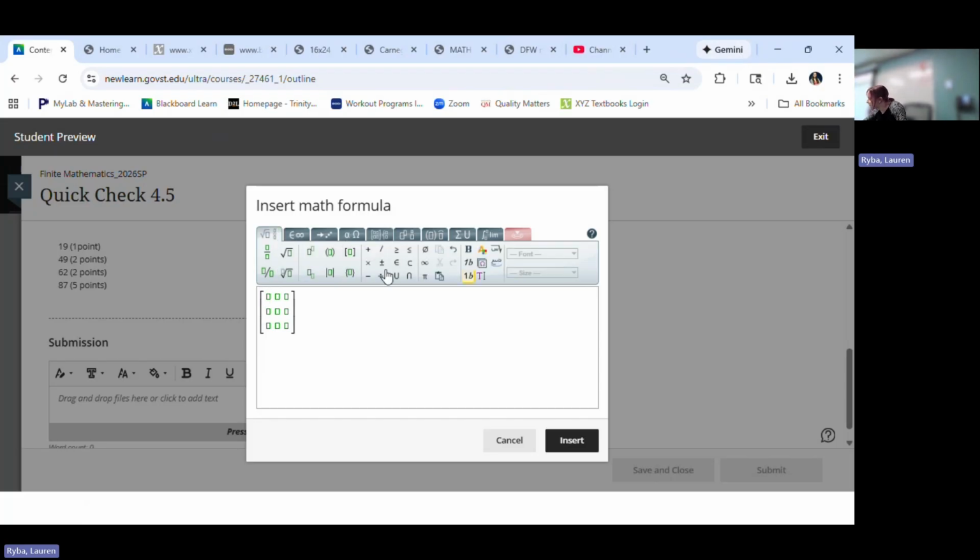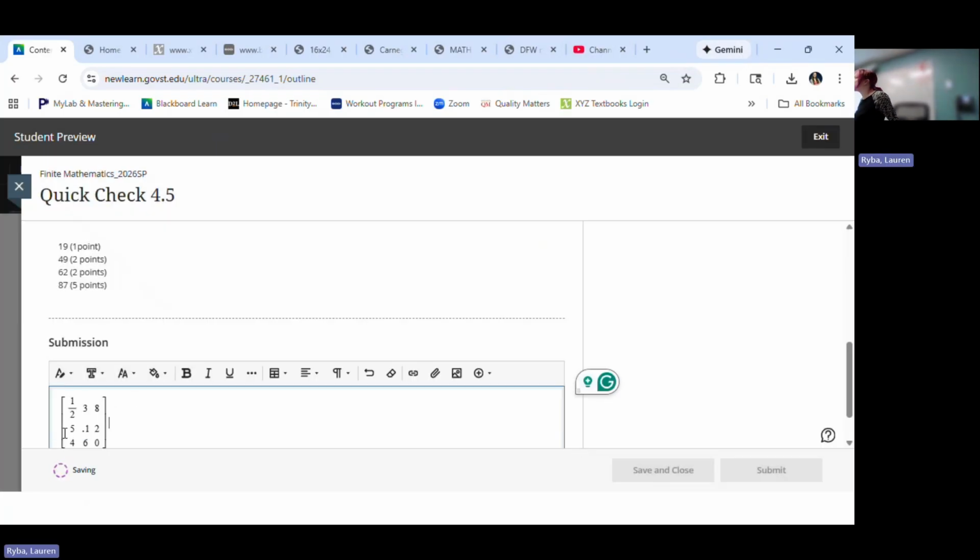And if I had a fraction, like I could go back here and say that's 1/2 and enter a fraction. I'm just going to put random numbers. Oops. So then when I hit insert, it's going to put it right there for me.